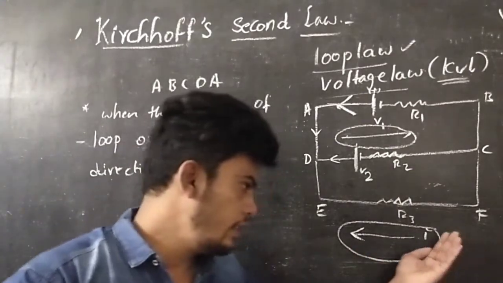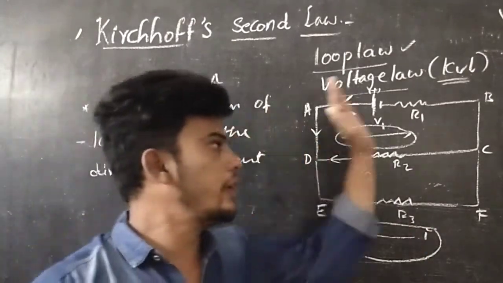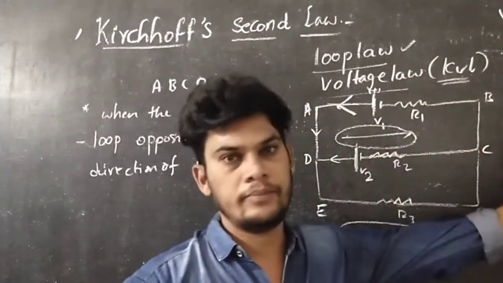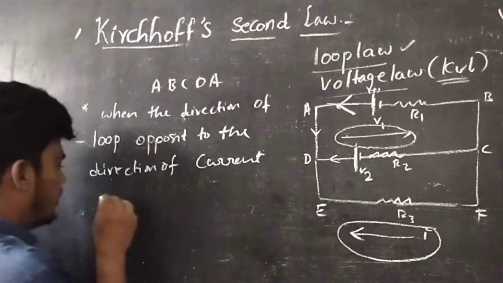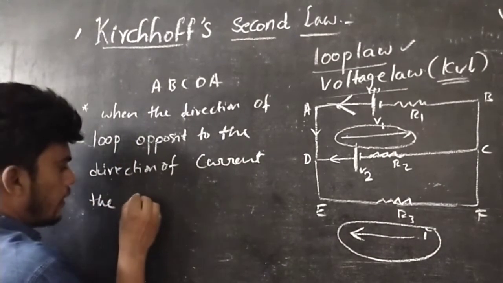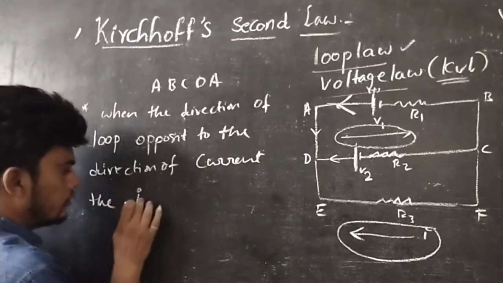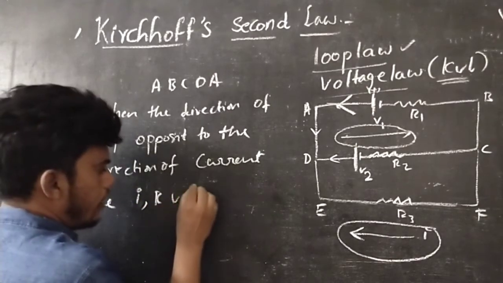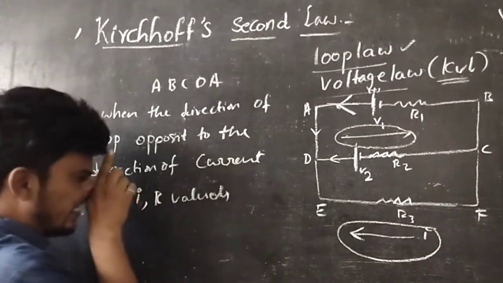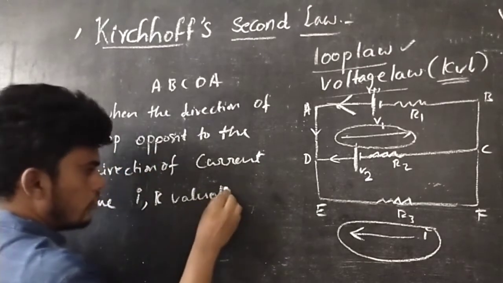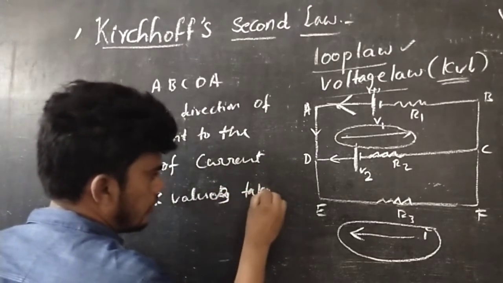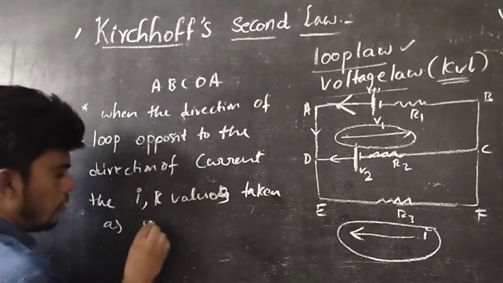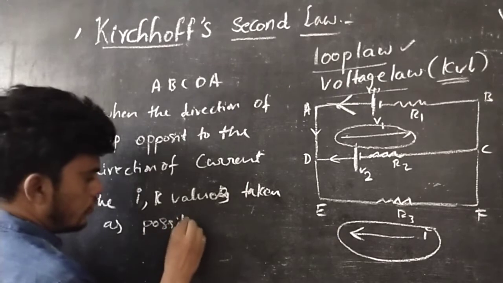The current direction is in this direction and the loop direction from A to B is in this direction. We are going in this way. Then the current value I and resistance value R are taken as positive.